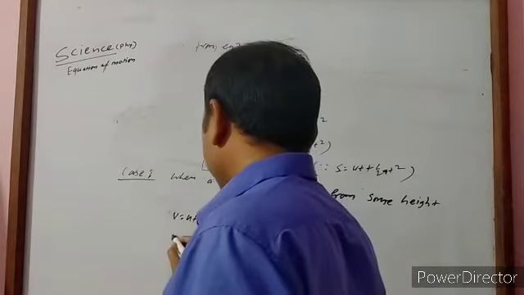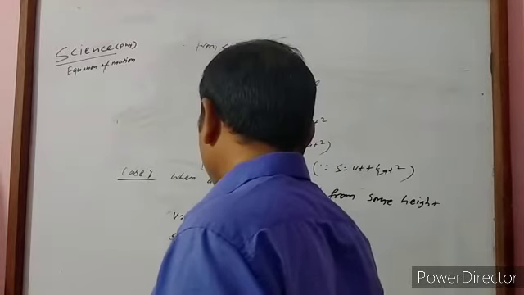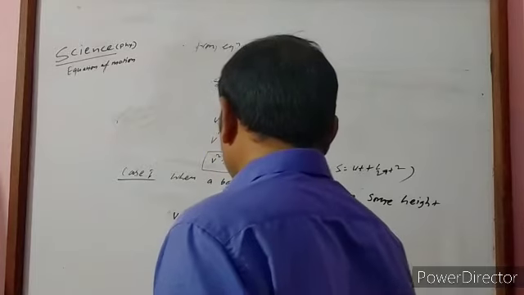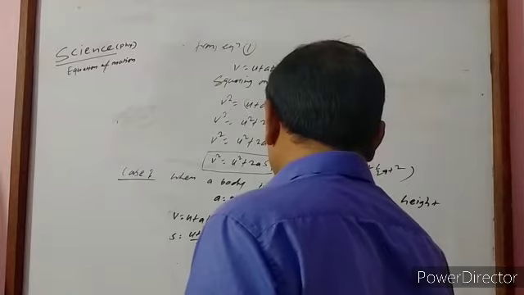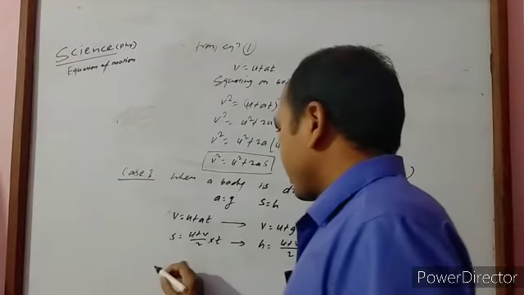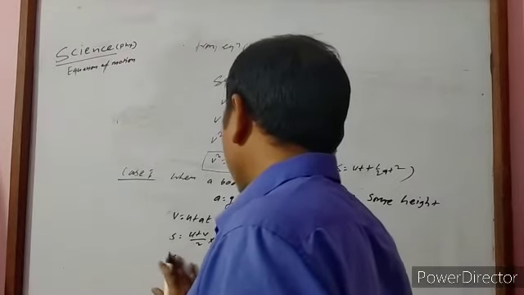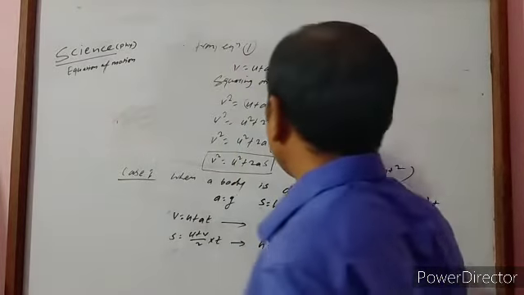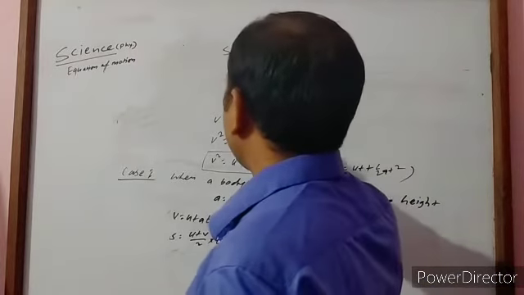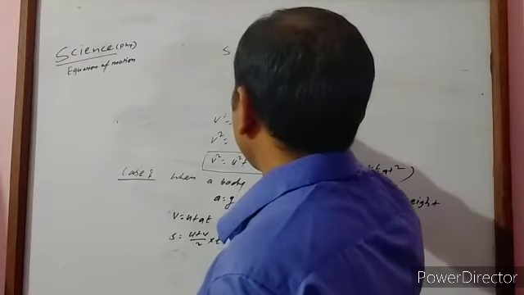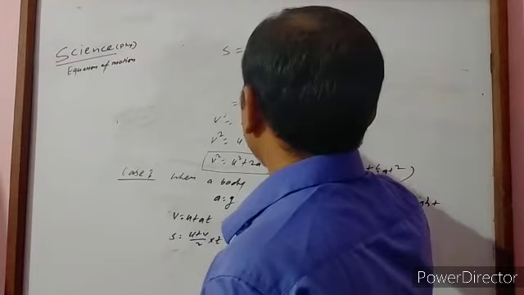Another, s is equal to u plus v by 2 into t. Instead of this we can write h is equal to u plus v by 2 into t. Another, s is equal to ut plus half at square.